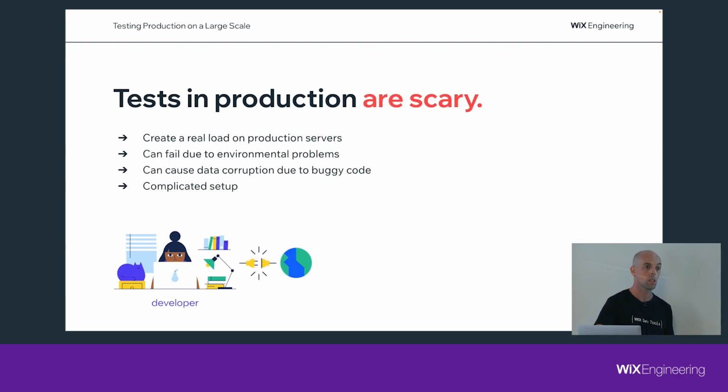But it also might be scary to do production testing. First of all, because I'm testing on real production servers, it will create a lot of load on them, depending on the amount of tests you have, of course. That might be translated into a lot of money, an increase in cost, but we will talk about it a little bit later in the lecture. Next, the test can fail due to problems that are not related to me.